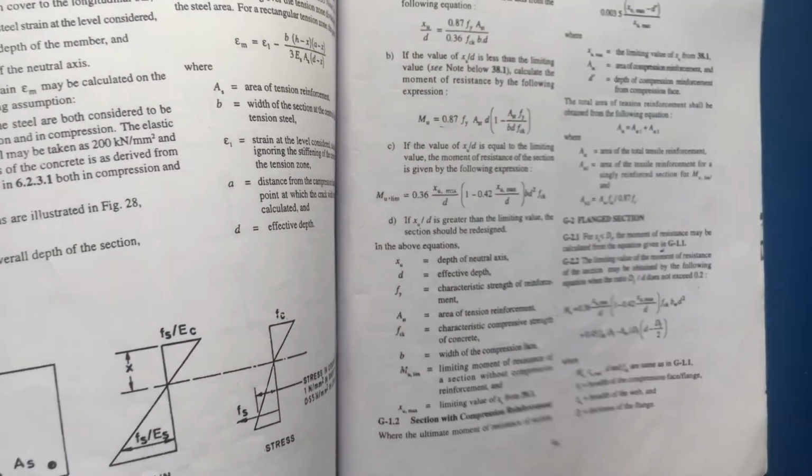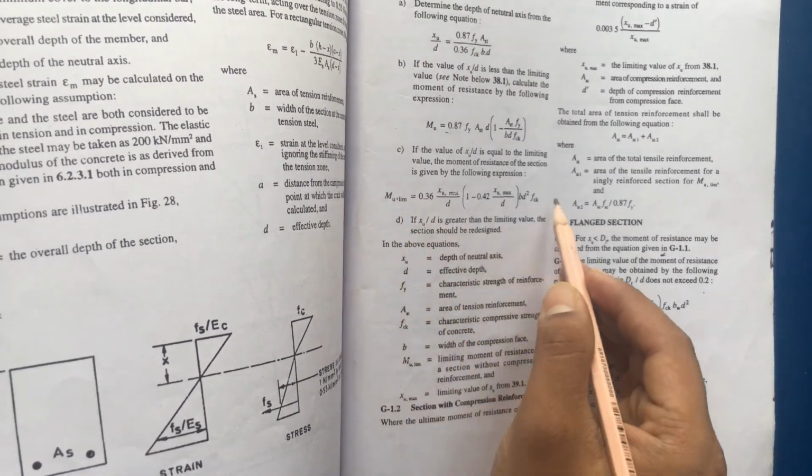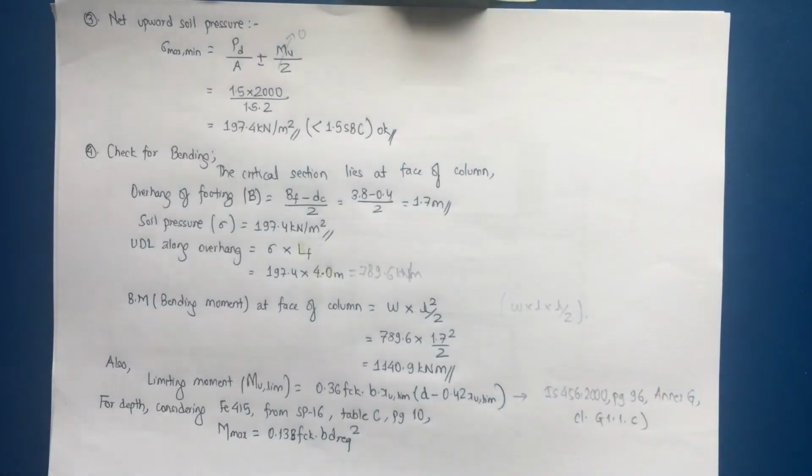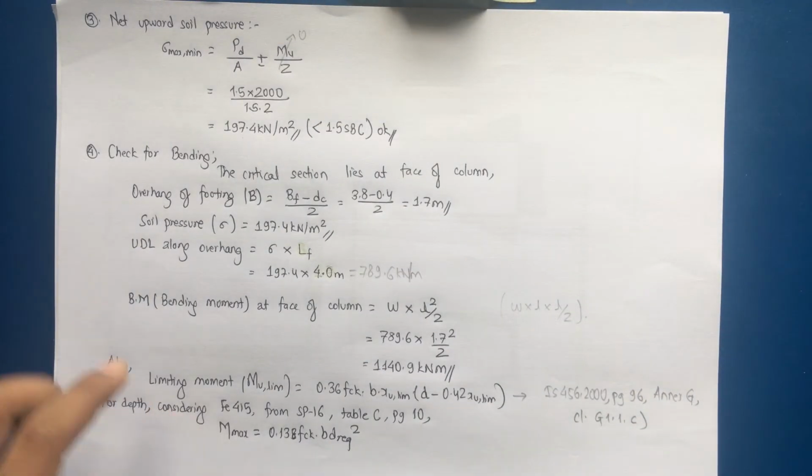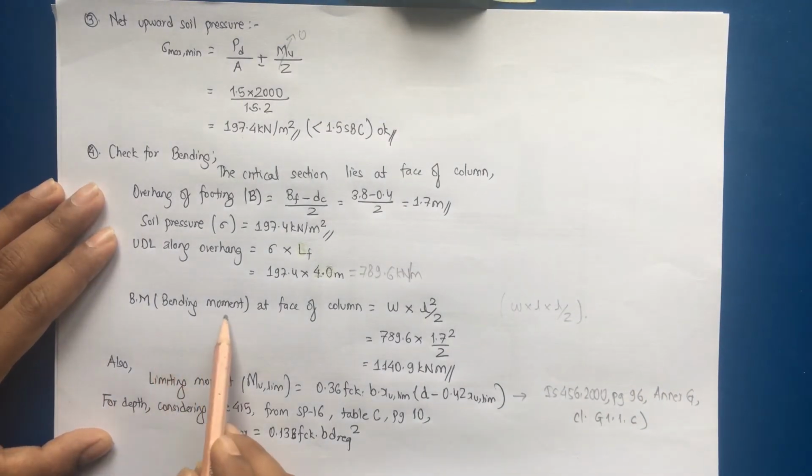As you can see here, this is the code I am using. Now with respect to this value, we will compare the bending moment at the face of the column and determine whether it is to be designed as singly reinforced or doubly reinforced. But for that we need the value of D, which is to be calculated. So D is the depth of the footing.